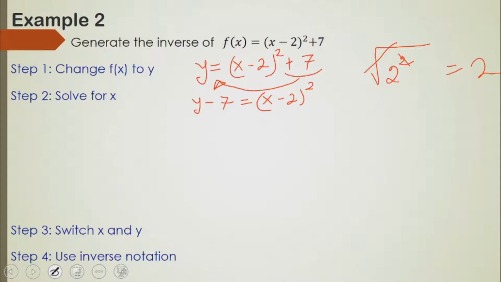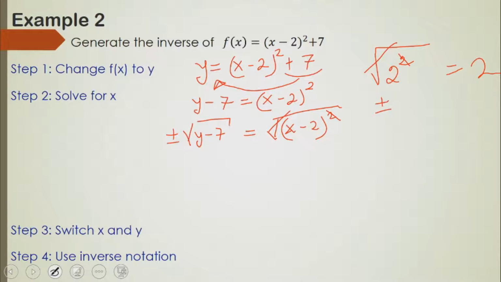When you are taking the square root of both sides, always put positive or negative, okay? So we have square root of y minus 7, positive or negative, equals square root of x minus 2 squared. So the square root cancels the square.